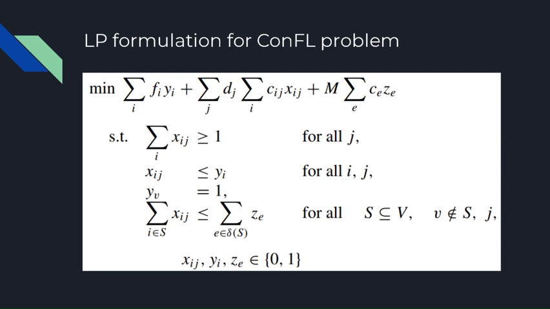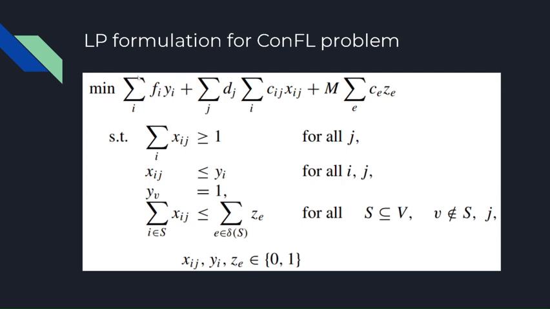So y will be 1 if a facility is opened at I, and it will be 0 otherwise. And xij is the variable that says facility I is assigned to client J. So if a facility I is assigned to client J, then xij will be 1, otherwise it will be 0. And finally ze is 1 if the edge E is picked in our tree, otherwise it will be 0.